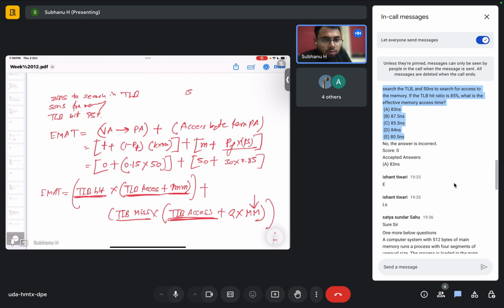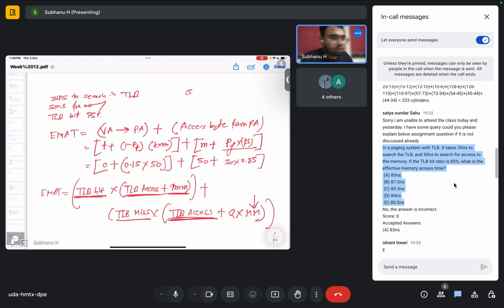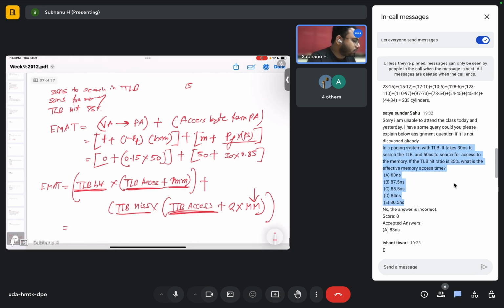And also, yeah, so this is the case. So if I solve this, I'll get TLB hit ratio is 0.85 into 30 plus 50. Okay, then I have 0.15 into 30, which is TLB, plus 2 into main memory. Yeah, so this is the case.